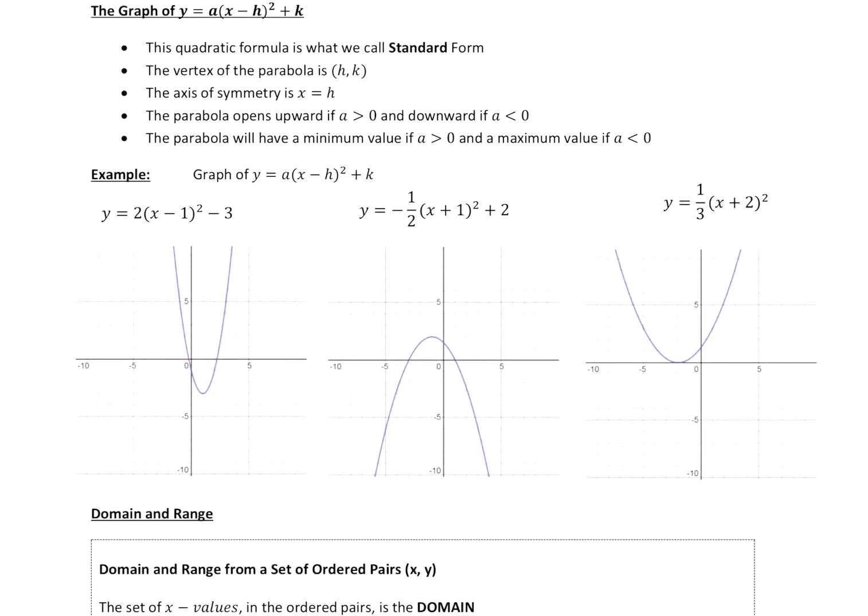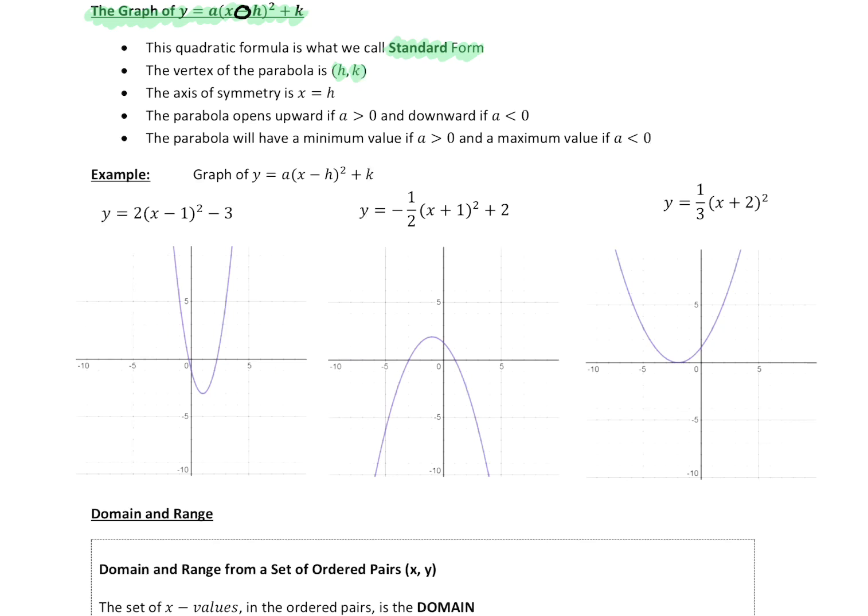What happens if we have everything happening, all the shifts? This is what we call standard form. So the first one was general. Okay, this is your standard form. The vertex is the value of h and the value of k when, and this is big, there's a negative sign. Okay?